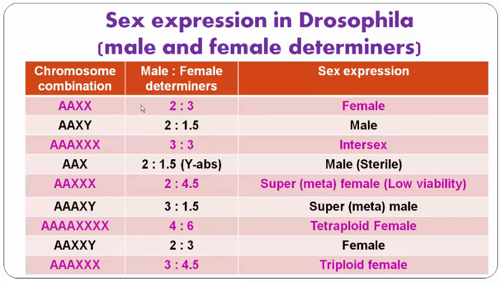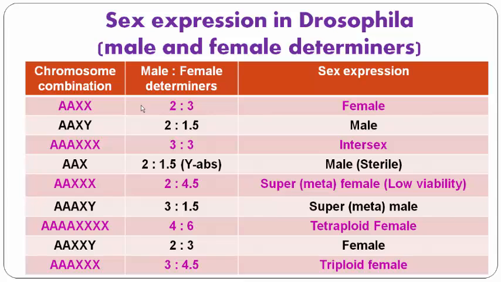The first combination is AAXX. Autosome is of strength 1 and X chromosome is of strength 1.5. So its male to female determiner ratio is 2:3, and hence the sex expression will be female.